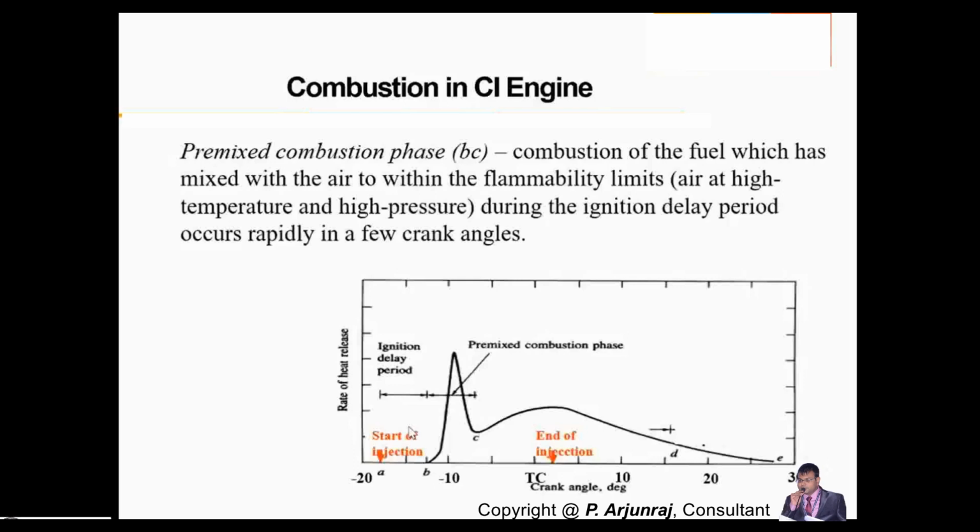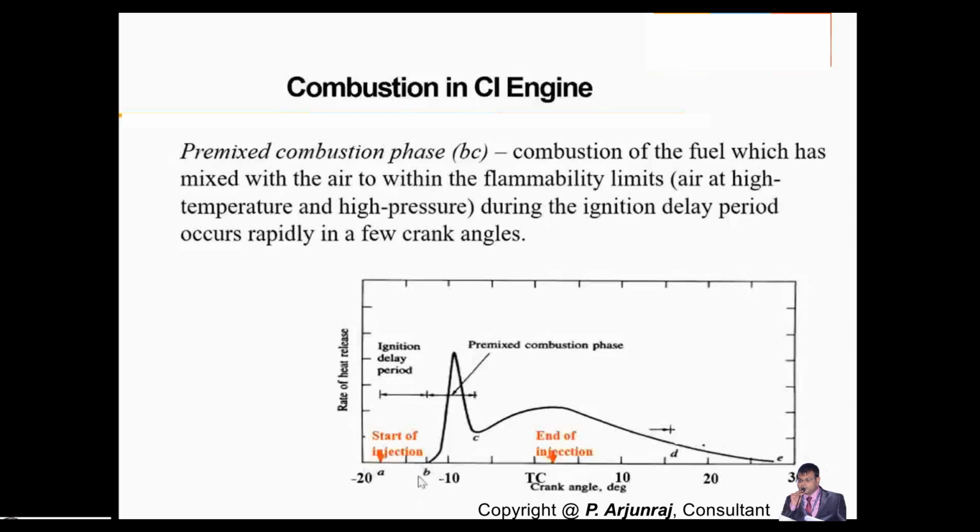So the next phase is the pre-mixed combustion phase. But in the ignition delay period, you get the point A to B. This is the ignition delay period.